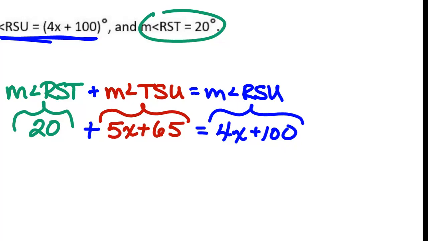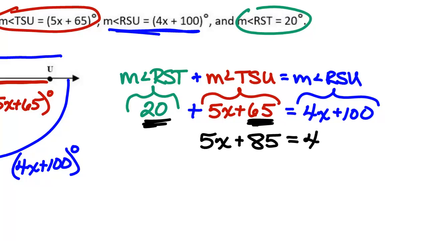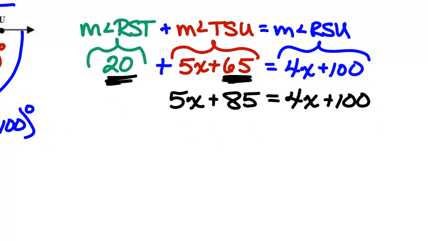All right, what can I do with it now? Add our like terms. What like terms do we have on the left side that we could combine? 20 and 65. So 5x plus 85 equals 4x plus 100. What should I do next? Subtract. What are we going to subtract?